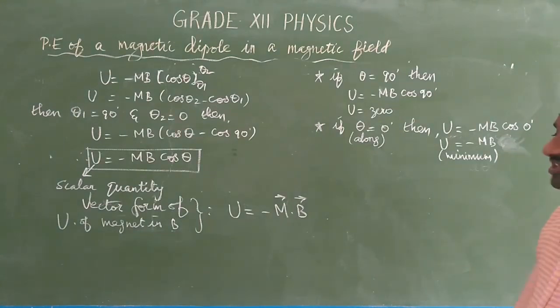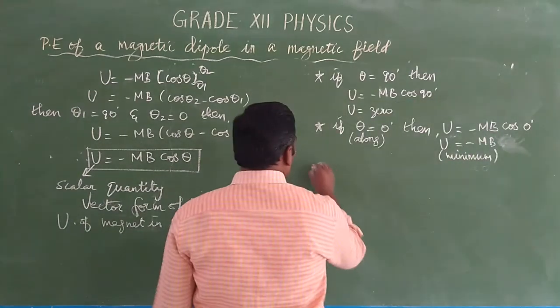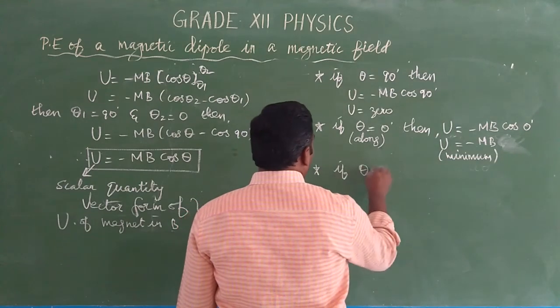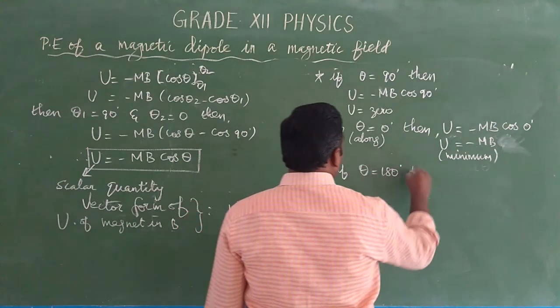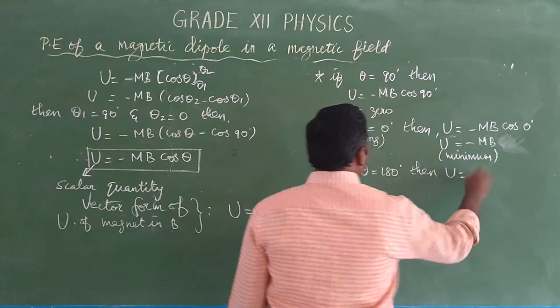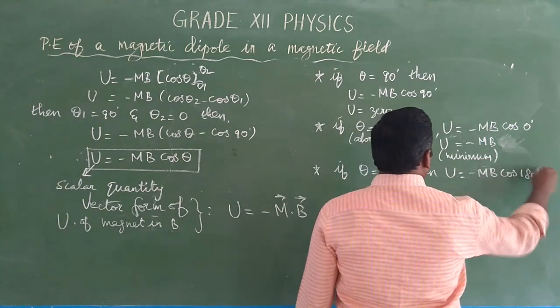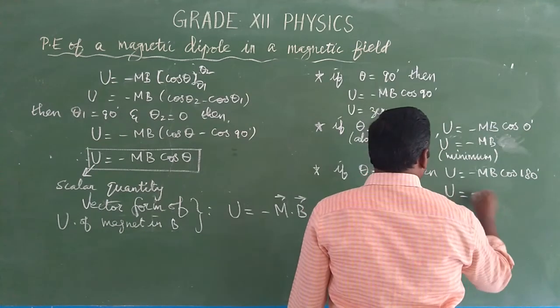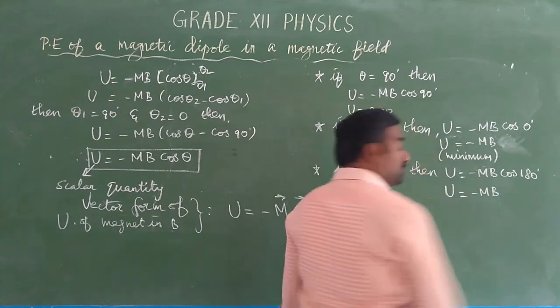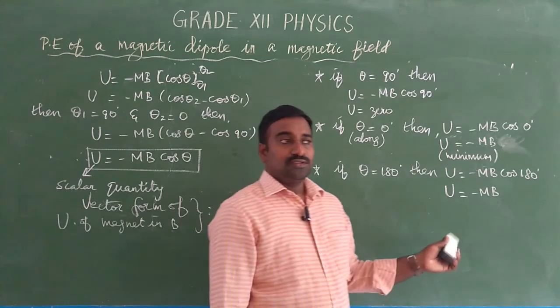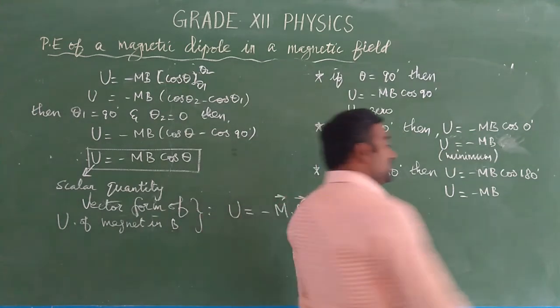Then under which condition is the potential energy maximum? If theta is equal to 180 degree, then the potential energy U is equal to minus mb into cos 180 degree. Cos 180 is in the second quadrant, where only sin is positive, the remaining are negative, so it is minus 1.